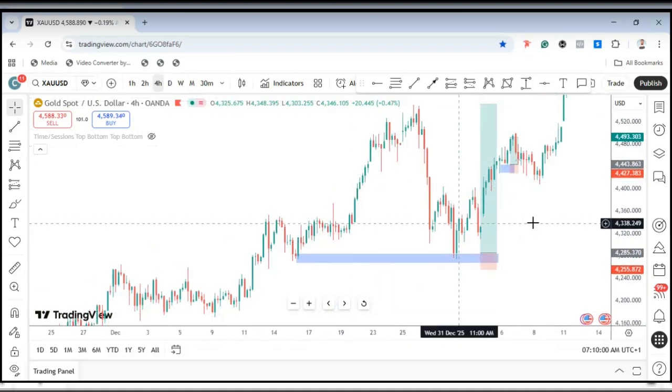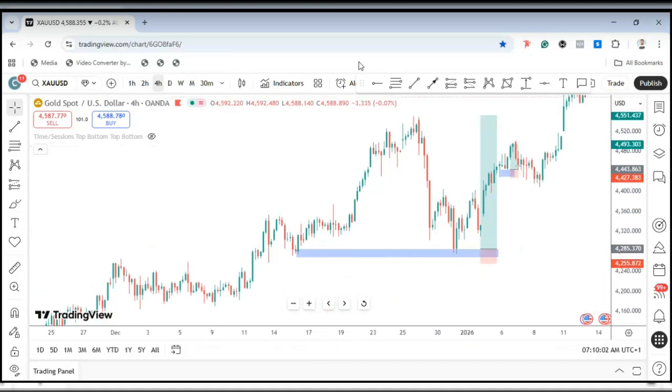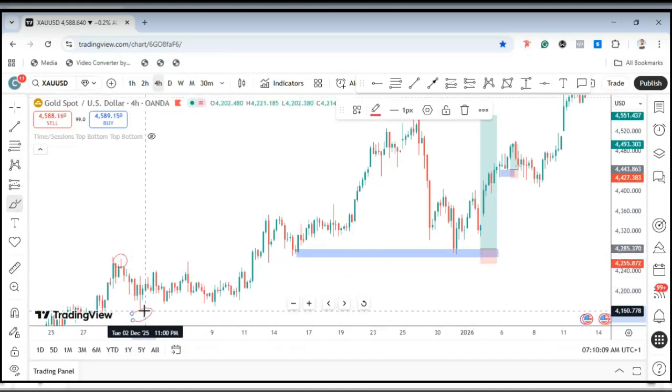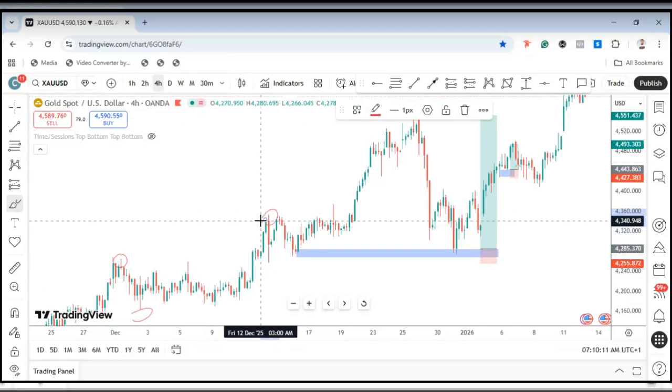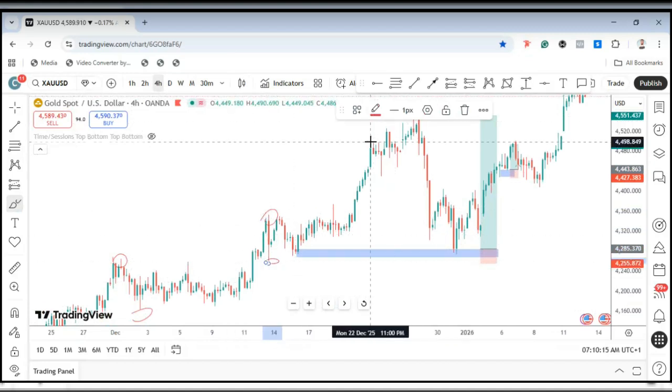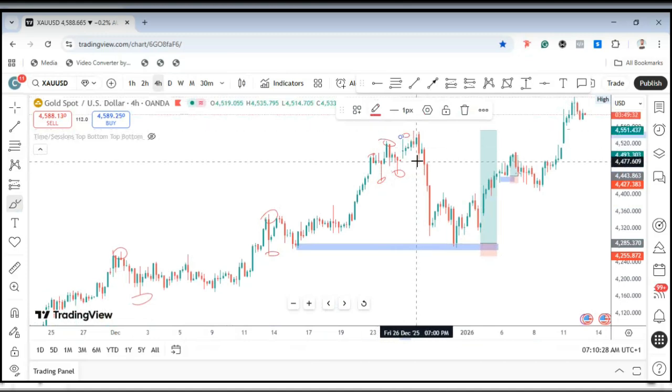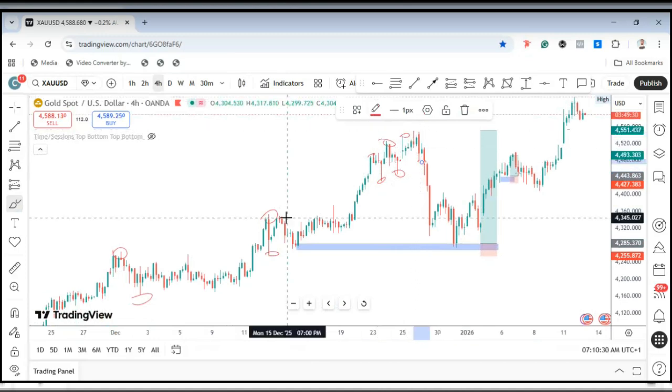Let's do a little bit of analysis here. So we have high, we have low, we have higher high, we have higher low, we have higher high, we have higher low, we have higher high, we have higher low, we have higher high, we have lower low, right?